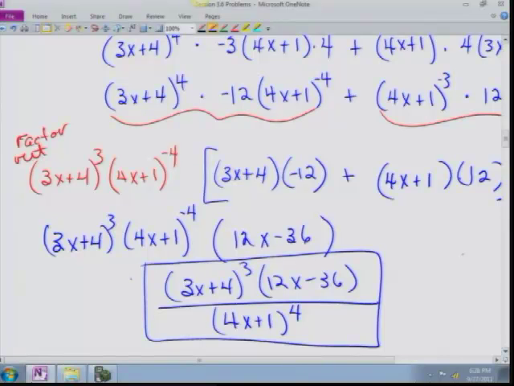So if you did that, you had negative 36x and 48x. 12x. Okay. So if you did all those pieces, that's what you'd get. 12x minus 36. And then she took the negative 4, you see the 4x plus and the negative 4, and you can take that and move it to the bottom and make it positive.